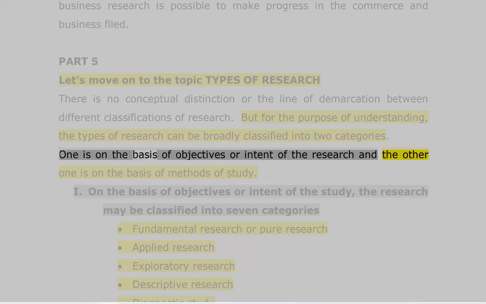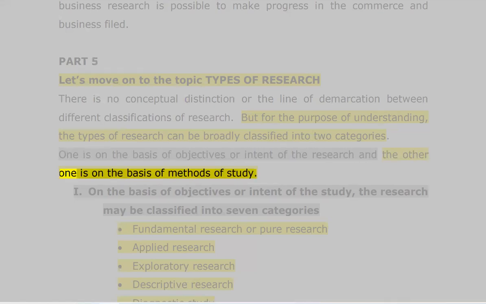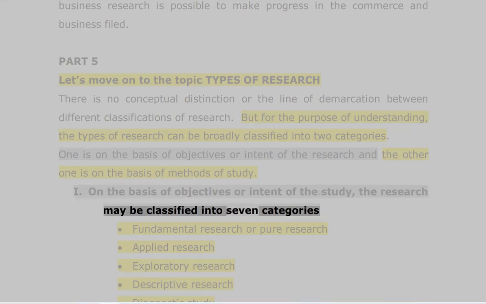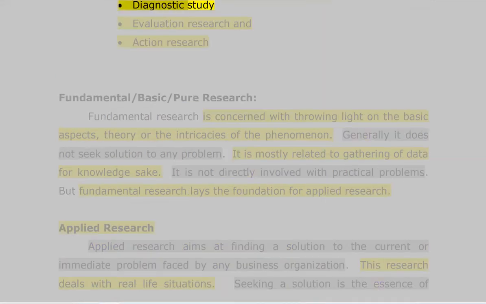One is on the basis of objectives or intent of the research, and the other one is on the basis of methods of study. On the basis of objectives or intent of the study, the research may be classified into 7 categories: fundamental research or pure research, applied research, exploratory research, descriptive research, diagnostic study, evaluation research, and action research.